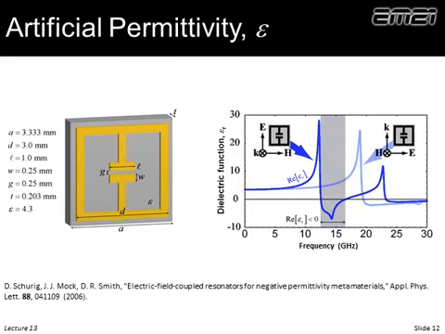Finally, on to the metamaterials. Here's one designed by Smith's group, and we see a capacitor. It makes sense, if it looks like a capacitor in the middle, that it will be storing its energy in terms of an electric field. So we would think of this as an electric resonance, and in fact, this possesses a dielectric response. And if we look at the dielectric response on the right, taken from the reference I have at the bottom, that looks very Lorentz-like.